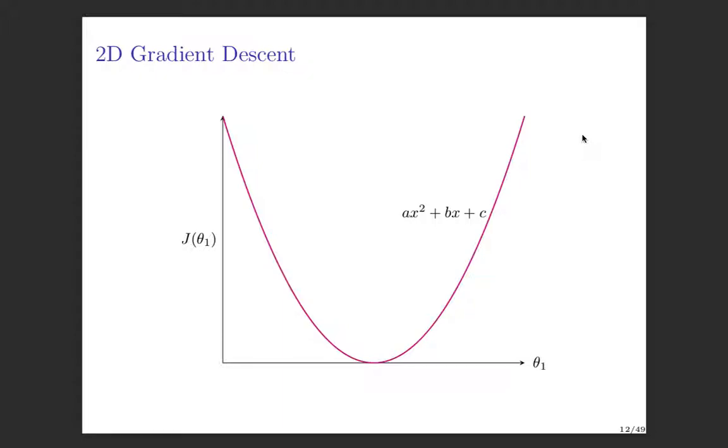Yeah, you want to find the lowest part of the parabola. There's a technique which is super important called gradient descent, and it works sort of like this. Imagine you take a ball and you drop it into the parabola. It's going to do this, and the ball's going to rest at that point.